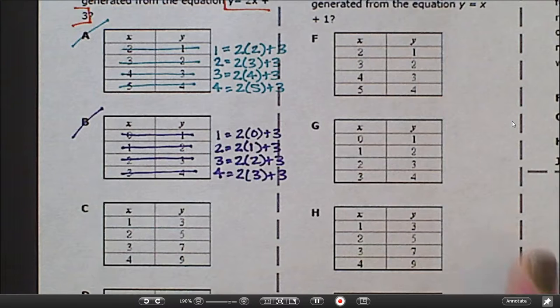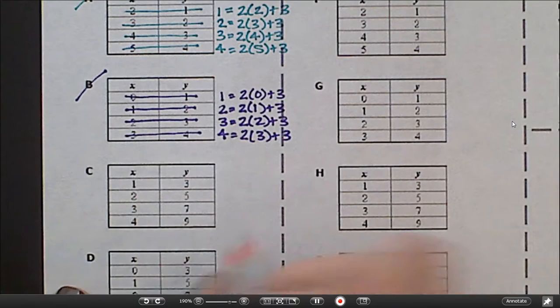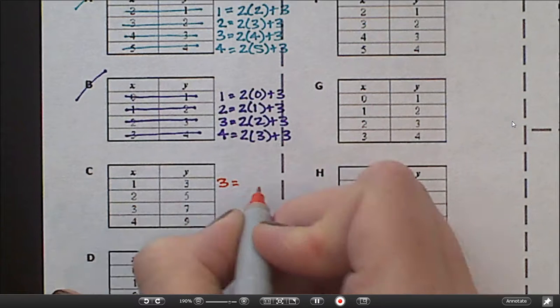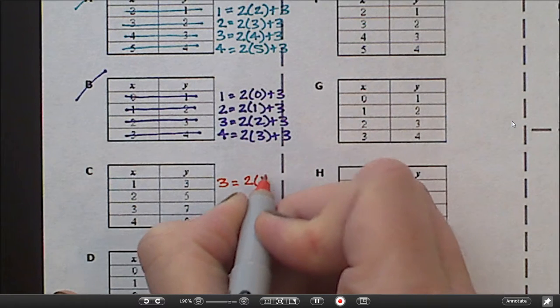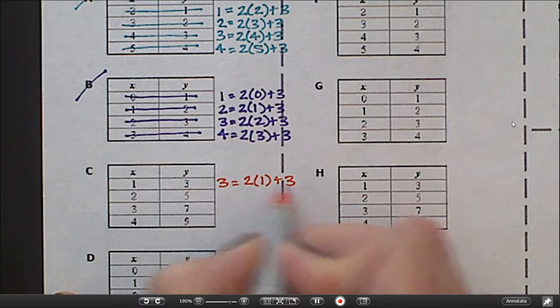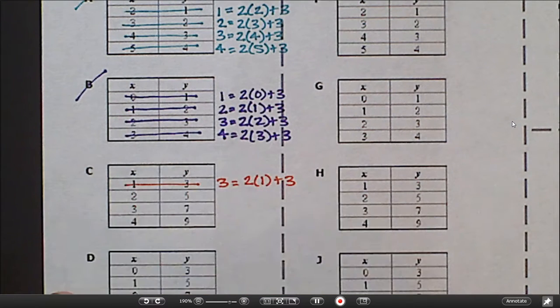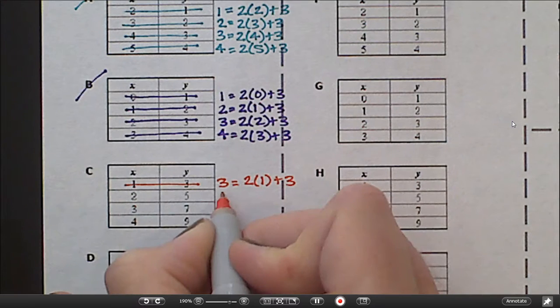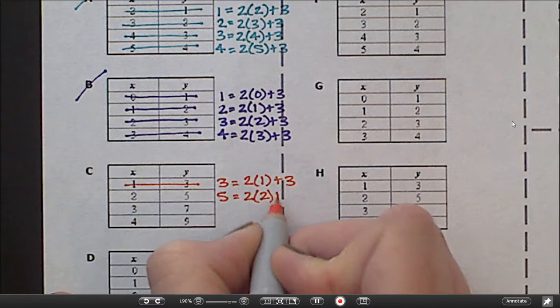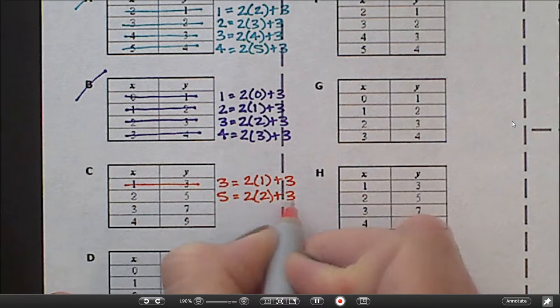Okay, C. We're plugging in 3 for y and 1 for x. All right, 2 times 1 is 2, plus 3 is 5. That does not work. Let's plug in our 5 for y, 2 for x. 2 times 2 is 4, plus 3 is 7.